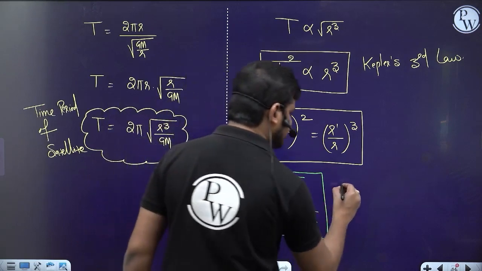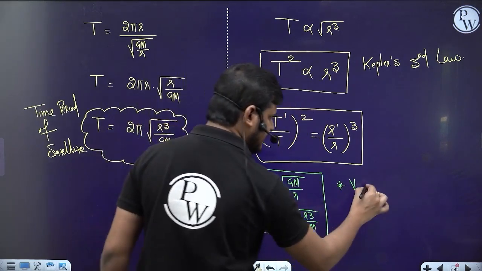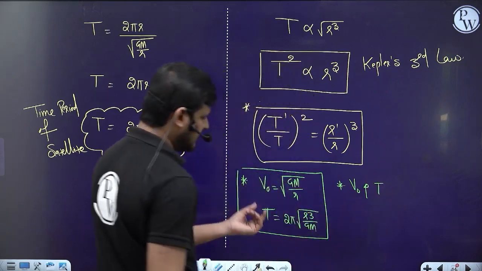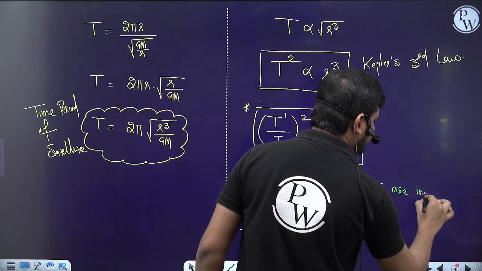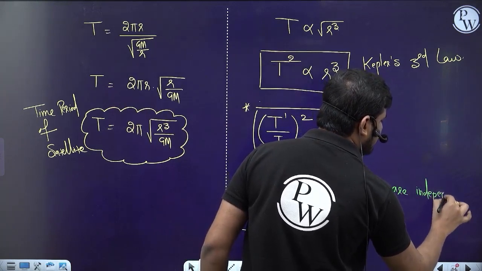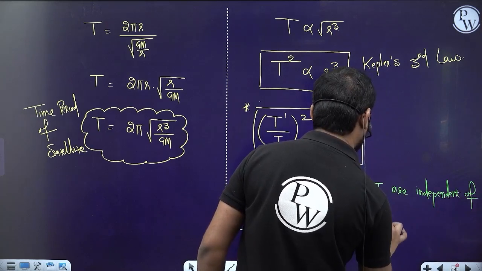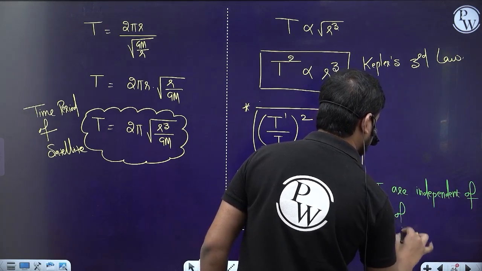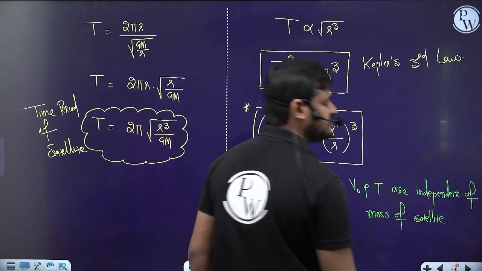So I'll write that statement here: the orbital speed v naught and the time period, they both are independent of the mass of the satellite.